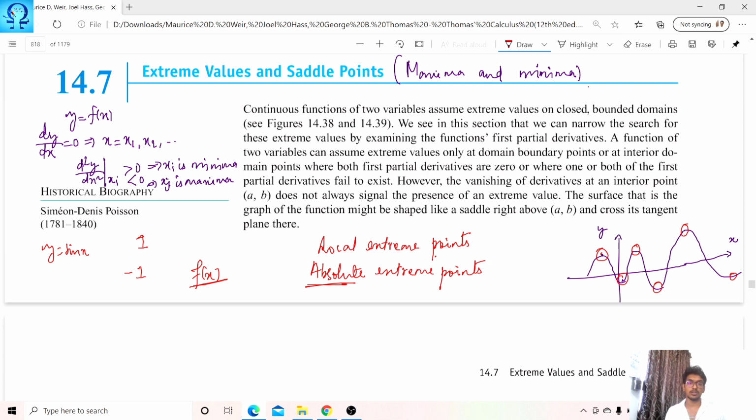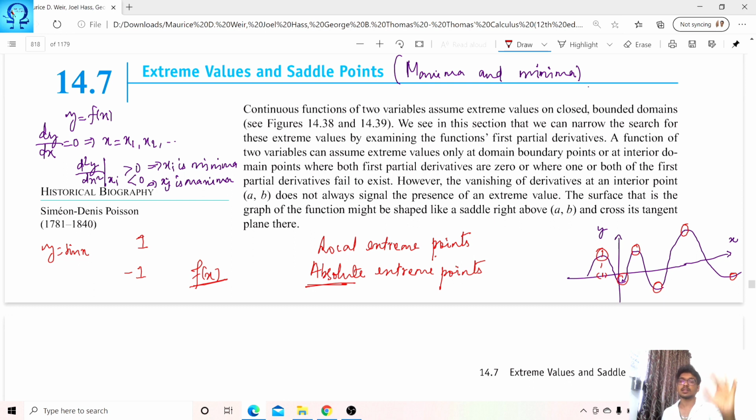These are unique values, whereas your local extreme points need not be unique, because around somewhere at a point, the corresponding x value here is this one. So you take some neighborhood; in the one variable case, you take a very small segment around it. In that segment, that is going to be the maximum value.